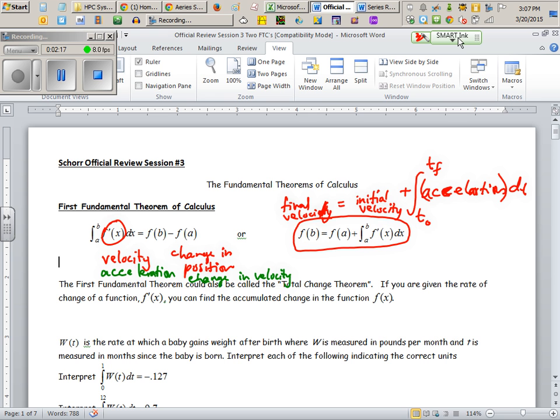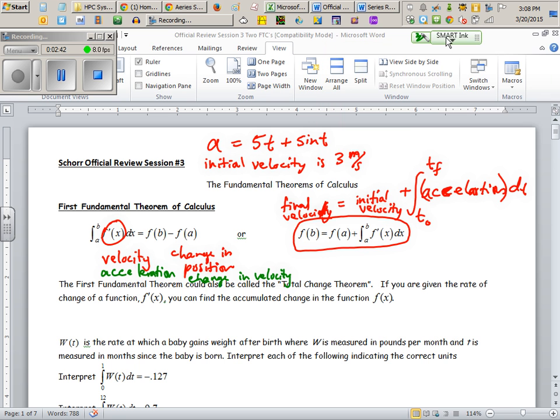So this is just super handy. Like if somebody says the acceleration is 5t plus sine t or something, and you know that the initial velocity is 3 meters per second or something, you can actually find the final velocity by doing this.